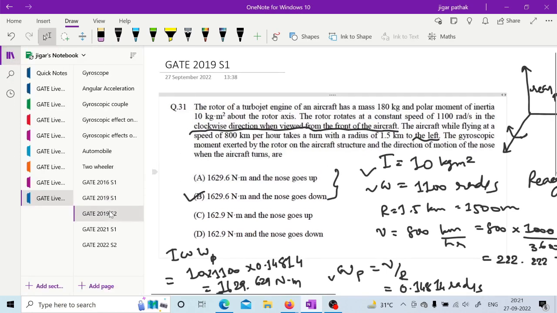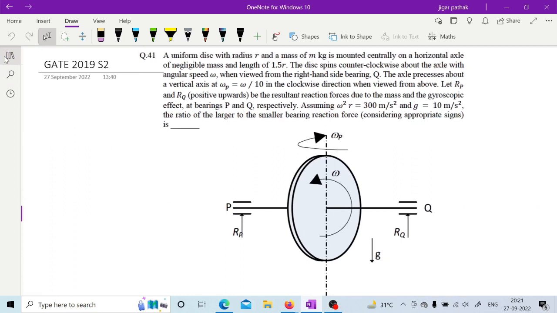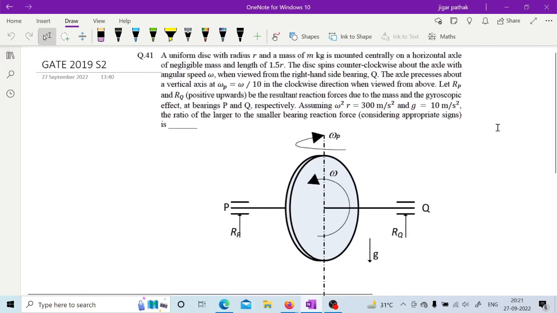So the next is this one. Here what is given is a uniform disc with radius r and a mass of m kg mounted centrally on a horizontal axle of negligible mass and length of 1.5 r. The disc spins counterclockwise about the axle with angular speed omega when viewed from the right hand side bearing Q. Now the axle precesses about a vertical axis at omega p equal to omega by 10 in the clockwise direction when viewed from above.